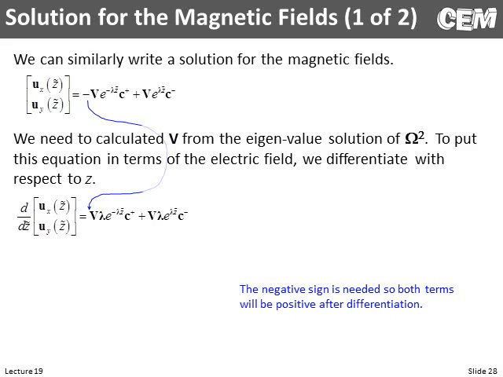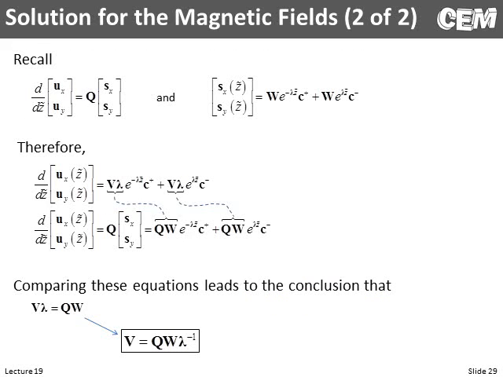Now we can compare this to one of the original two equations that we calculated the wave equation from and figure out expressions for v. So remember, the derivative of the u's was q times s. And the solution for the s's is expressed in terms of the eigenvectors and the eigenvalues. Well, in the last slide, we took the derivative of the u's and we ended up with this expression.